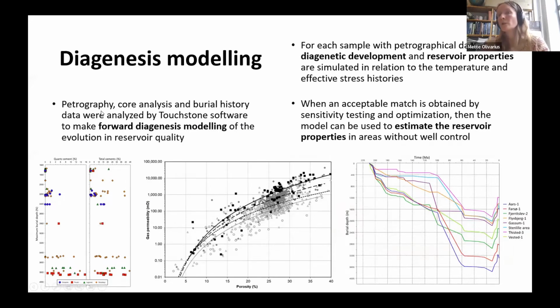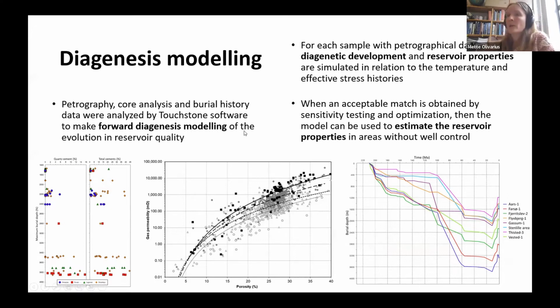I mean, that is mineralogy, and then the core analysis, the porosity and permeability, and then the burial histories over here. And then we analyze it in the Touchstone software to make a forward diagenesis modeling of the evolution in reservoir quality through time.